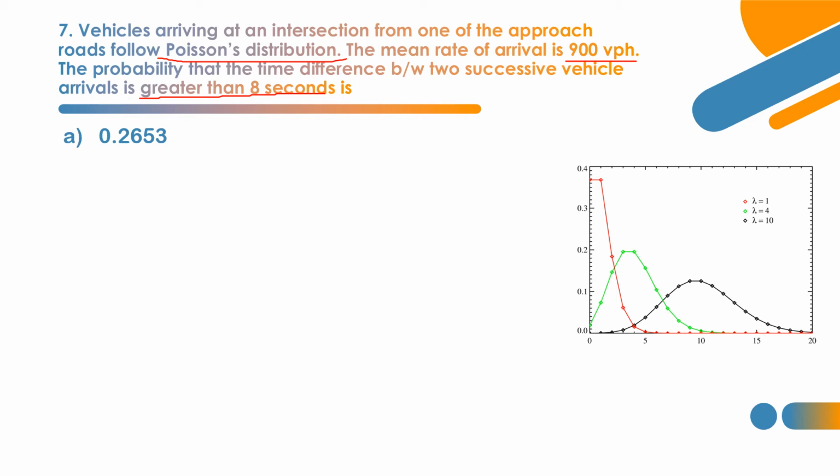Option A 0.2653, option B 0.8756, option C 0.1353, option D 0.8647. So we have to calculate using Poisson's distribution formula. It is a probability distribution, and it's also an exponential one. So Poisson distribution is used to calculate this problem.